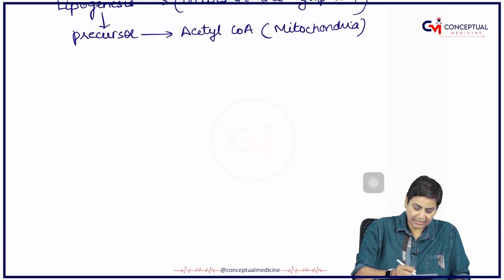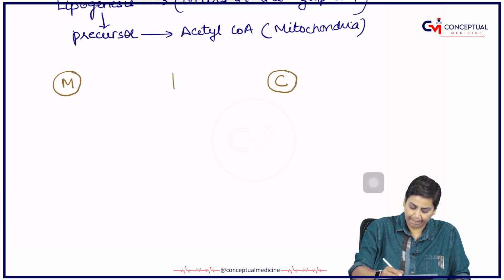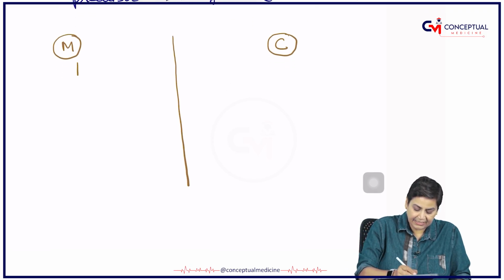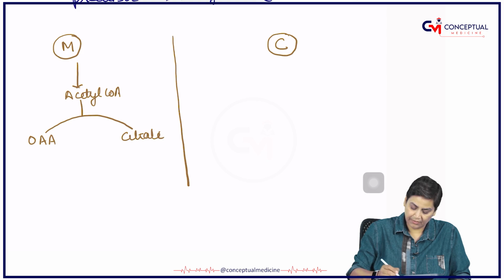So basically what is happening is, say this is the mitochondria and this is the cytoplasm. So this acetyl coenzyme A is combining with oxaloacetic acid to form citrate. Right?